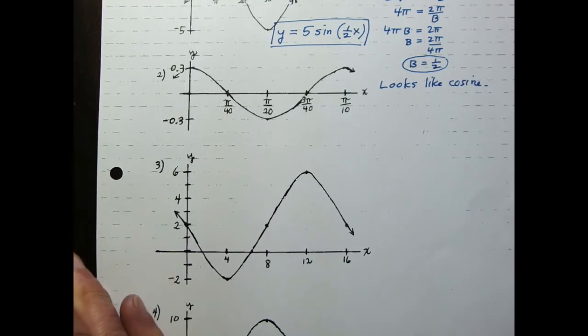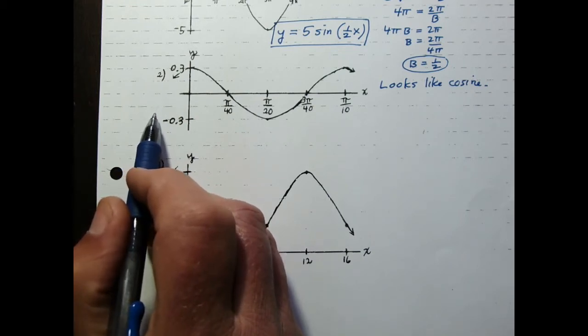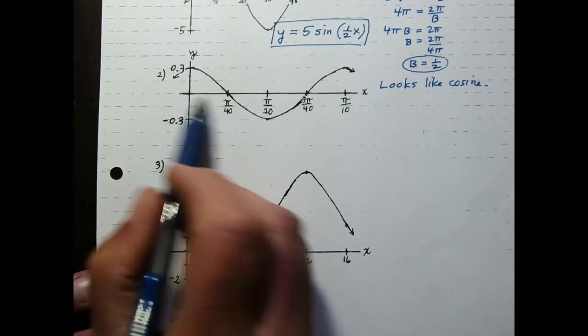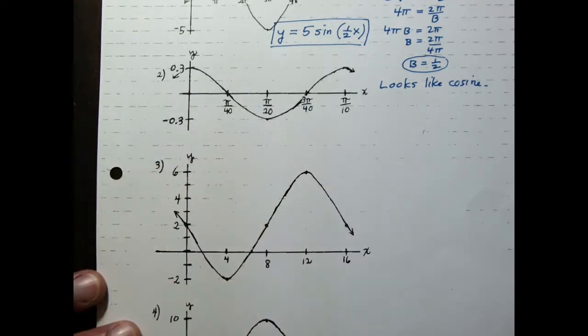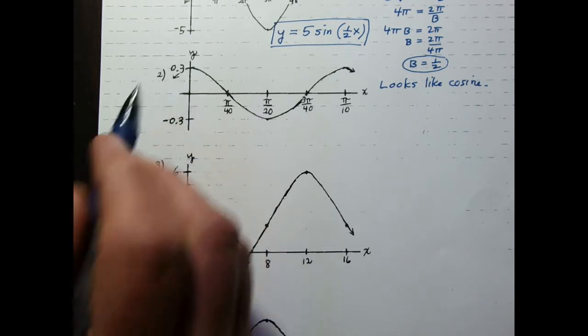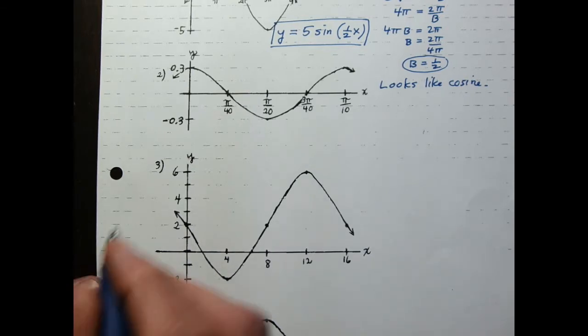There's always a way to do it. But we want to avoid phase shift if we can, because phase shift is always more complicated. So here, if I really wanted to use sine for this number two, I'd have to incorporate a phase shift. If I use cosine, because we start at a max point here on the y-axis, I don't have to use phase shift, so that's definitely worth it, right?